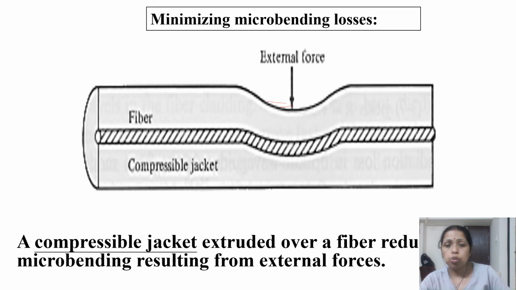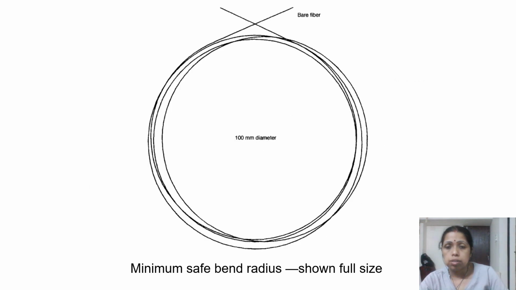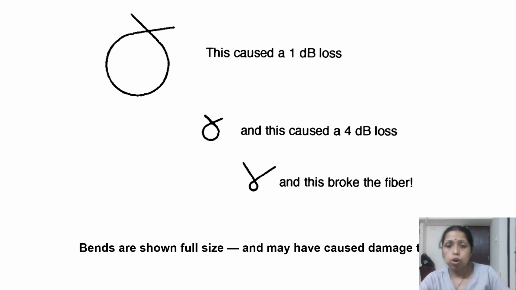If you put a proper jacket layer, it can reduce the micro bending. Due to some pressure and temperature, if some bending may happen, that can be reduced if you put a proper jacket outside of the fiber. Again, if you place the fiber on a fiber pole, it should be like this.